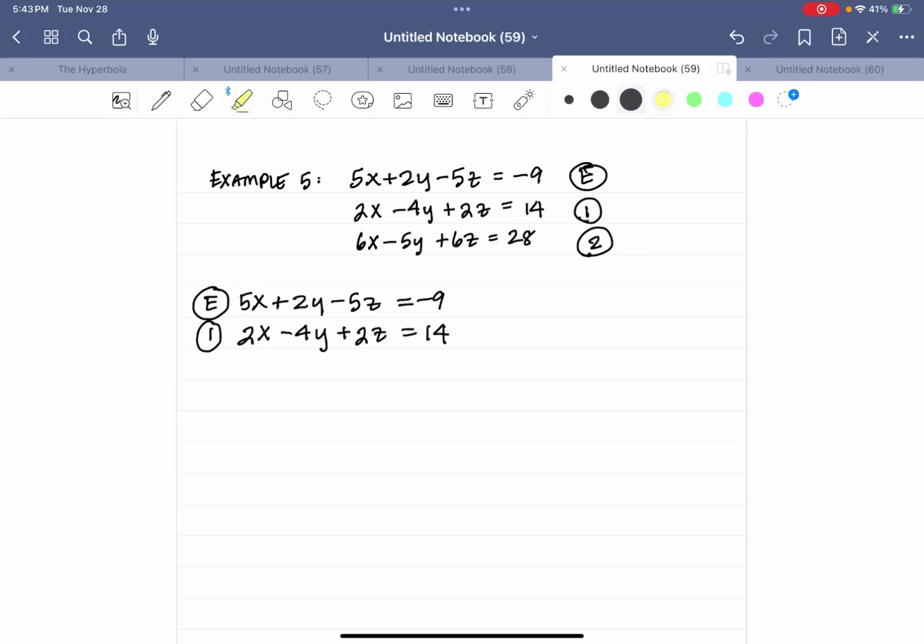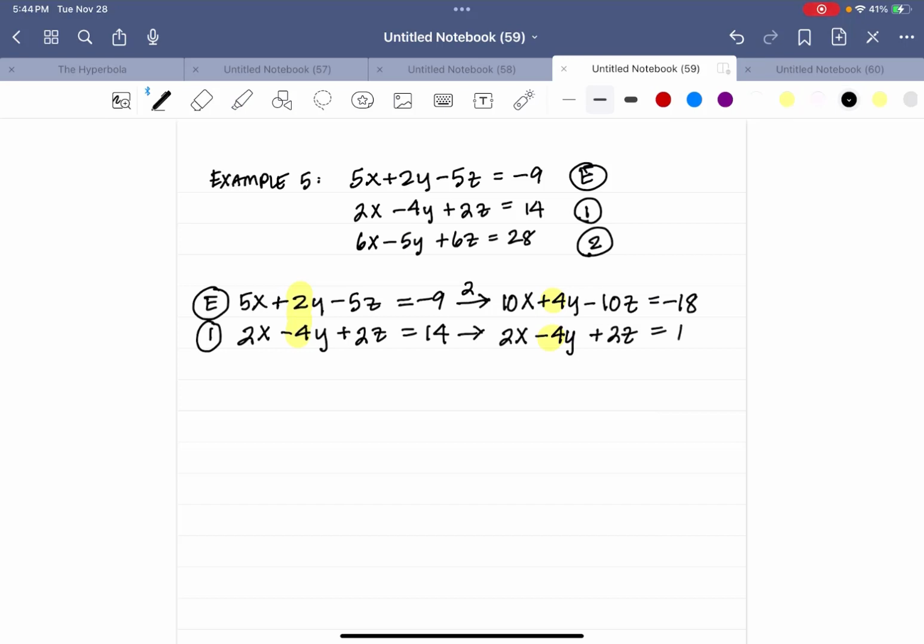And I'm just thinking this is going to be easiest because all I'll have to do is multiply the first one by a 2. So multiply that by 2, 10x plus 4y minus 10z is -18. This one I don't need to multiply because it's 2x and there's a minus 4y, so those have opposite coefficients. Plus 2z is 14.